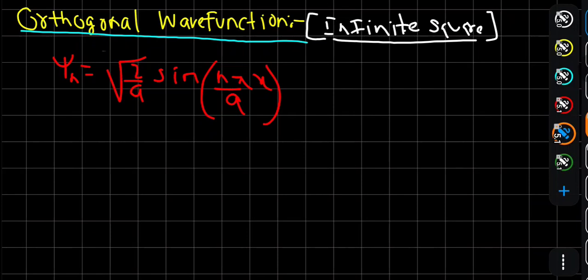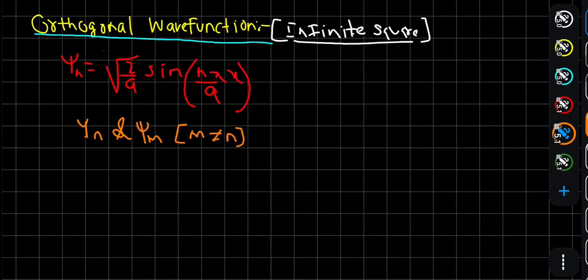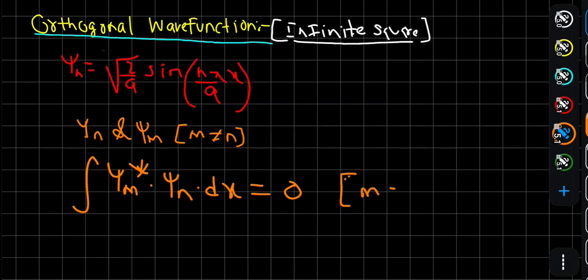The property is this: suppose you have a wave function psi of n and a wave function psi of m, with the condition that m is not equal to n. The property of these orthogonal wave functions is that the integral of psi of m complex conjugate multiplied by psi of n is equal to 0 if m is not equal to n.